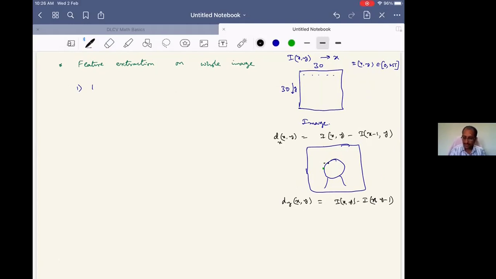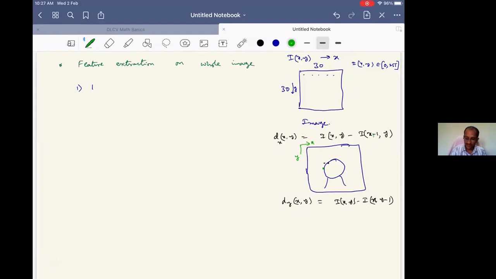If you consider this as the positive side and this as the negative side, you are performing this minus this and this minus this.